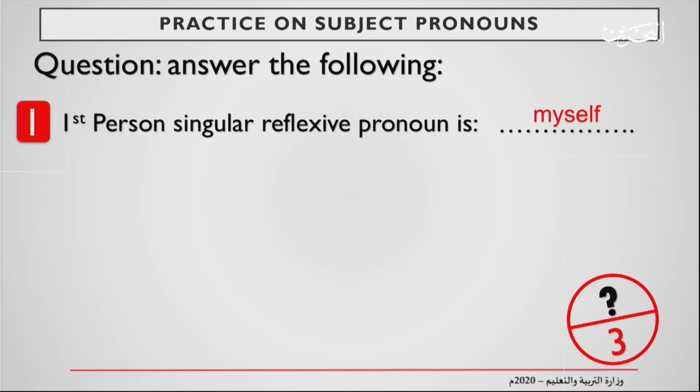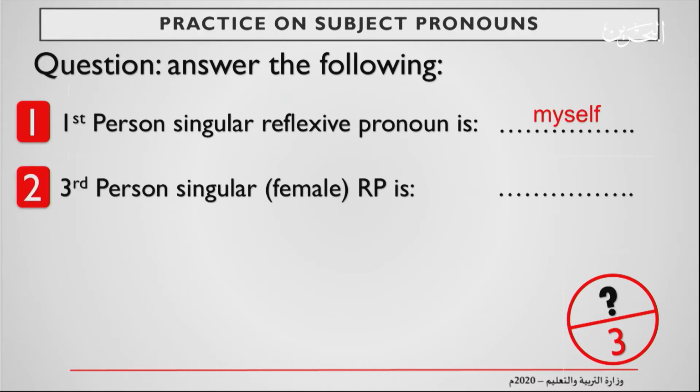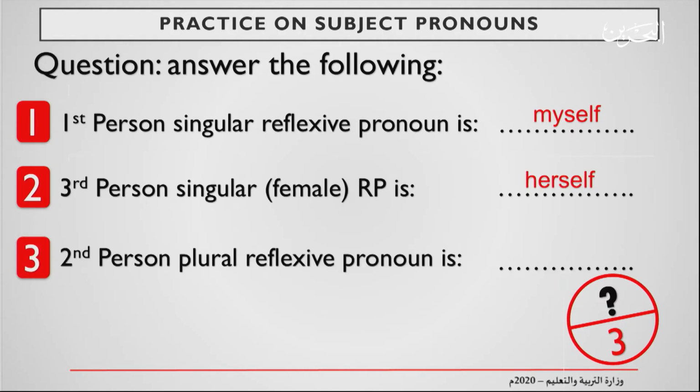Myself. All right. Number 2. Third person singular, this time female. Reflexive pronoun. You have 5 seconds. Let's check the answer. If you're correct, give yourself a mark. A third one. Second person plural reflexive pronoun. You have 5 seconds.